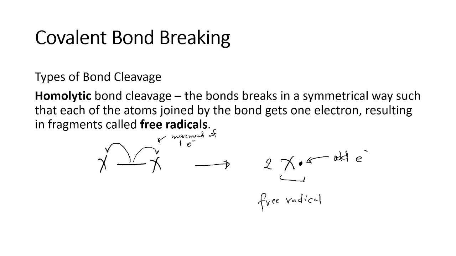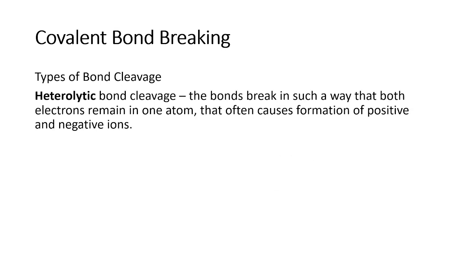So for the heterolytic bond cleavage, in this bond cleavage, the bonds break in such a way that both of the electrons remain in one atom. That causes the formation of positive and negative ions.